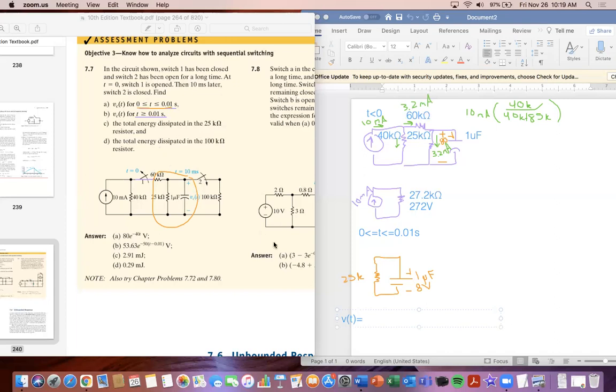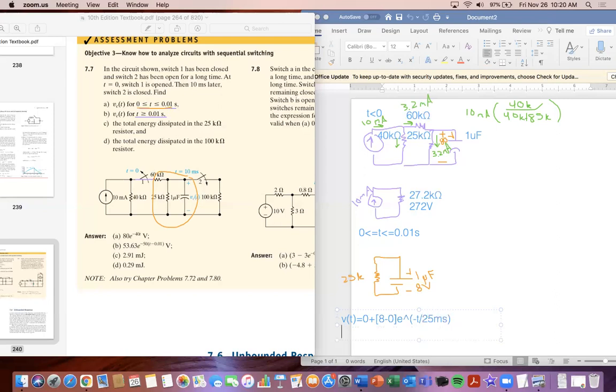So if it was infinity, that means the voltage would be 0 plus the initial, which was 80 minus 0, and then e to the negative t divided by tau. And tau here is R times C. You guys know that by now, probably. So R times C, 25K times 1 microfarad.